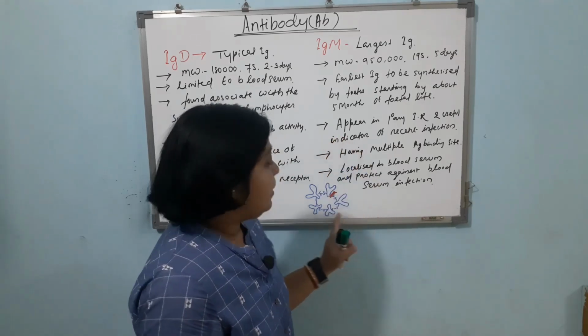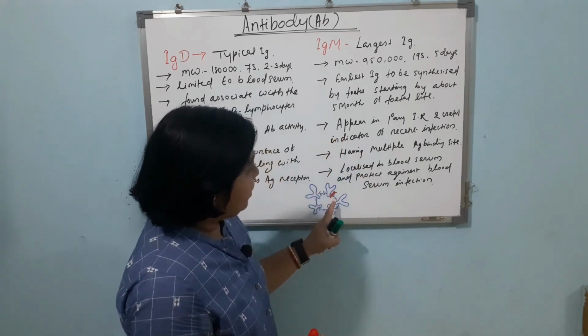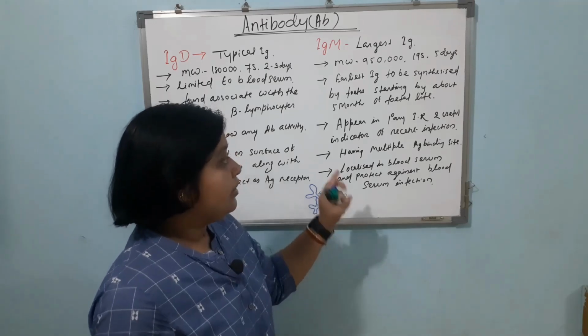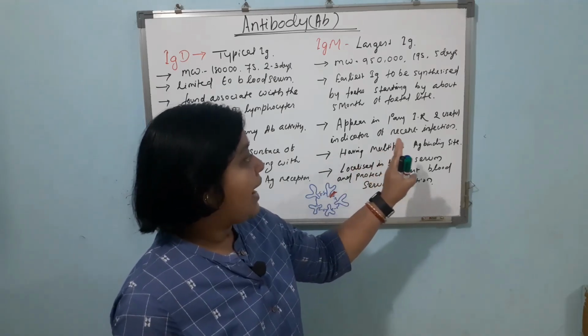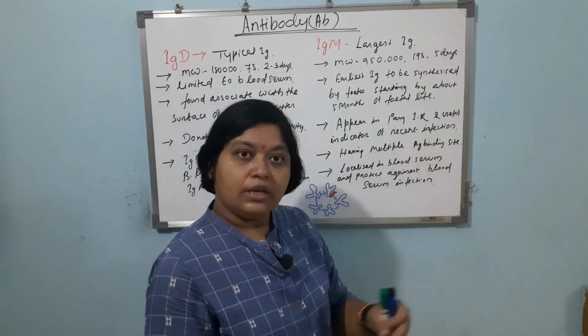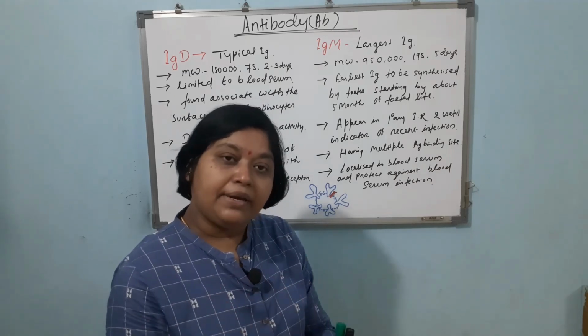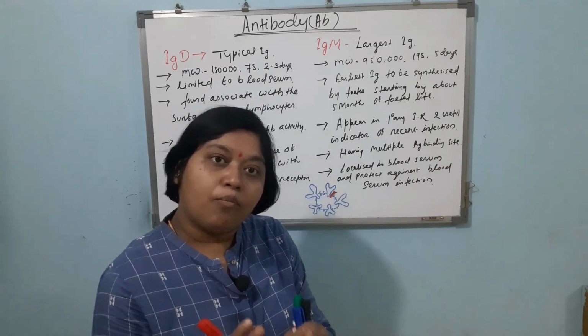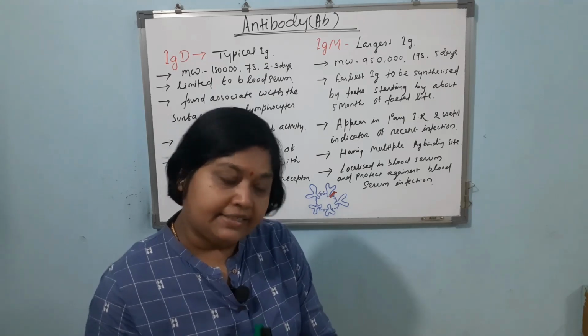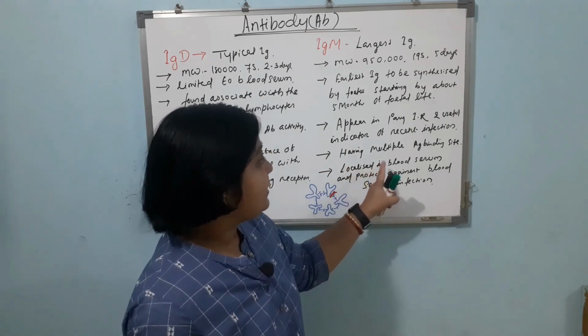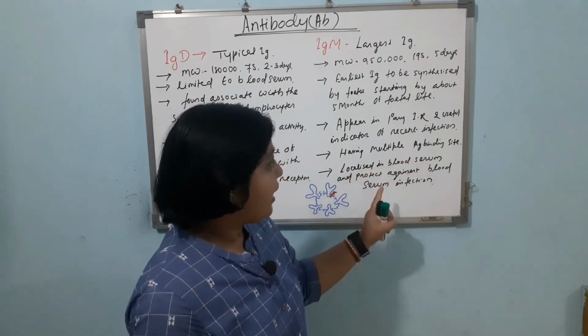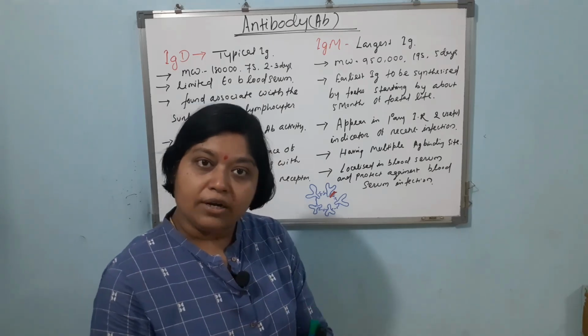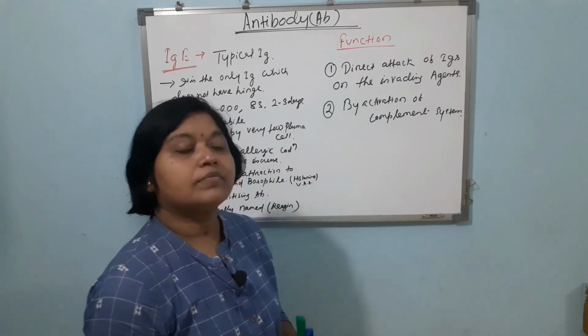As it is a pentamer, it shows multiple antigen binding sites, so it has high affinity towards multivalent antigens. It localizes in blood serum and protects against blood serum infection.